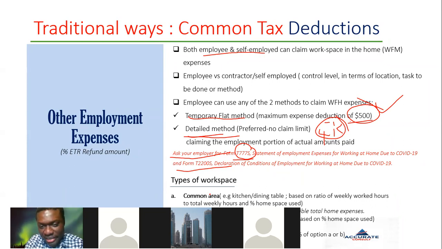Either you have a common area, using your kitchen or your dining table for office, or you have a designated room. You'll get more if you use a designated room. Like if you're using your basement fully for office, or one of your bedrooms fully for office, you get more deduction from that.